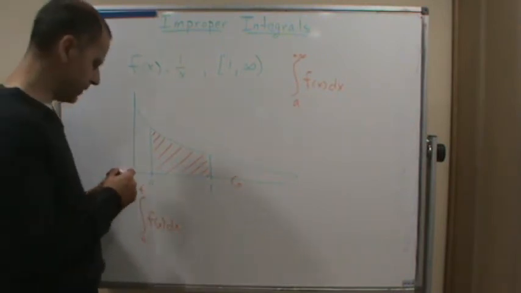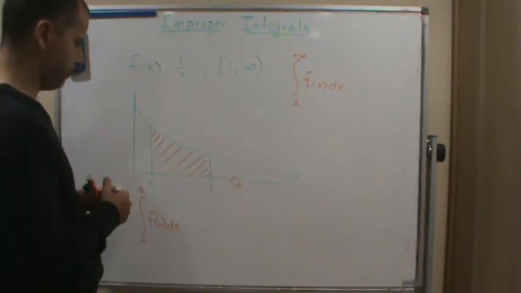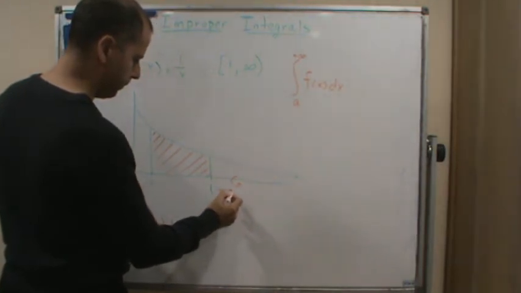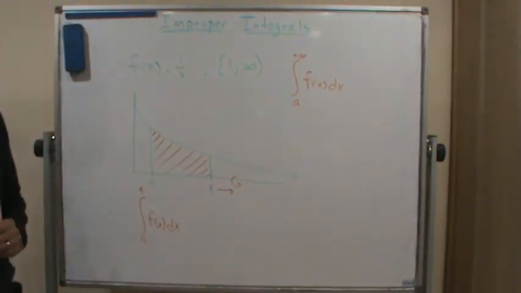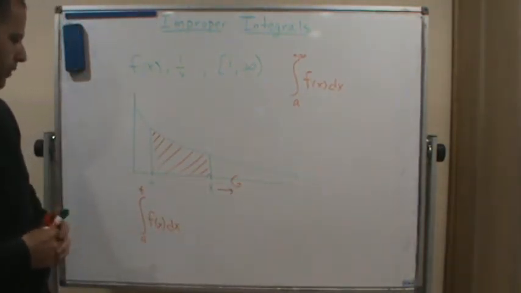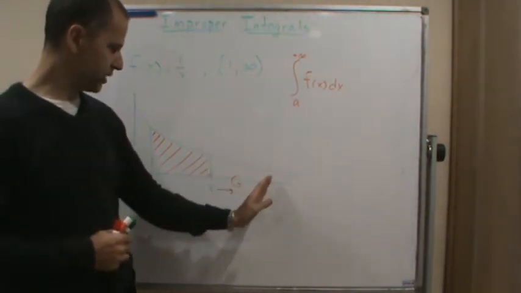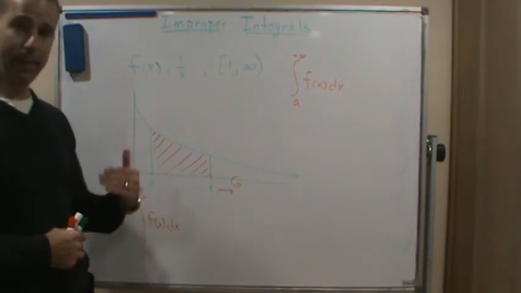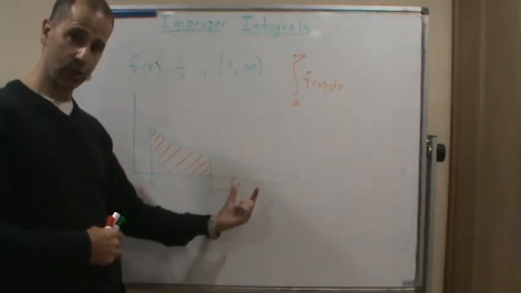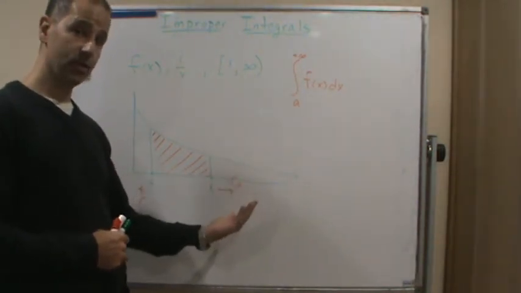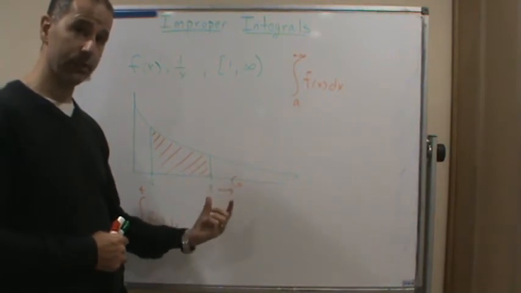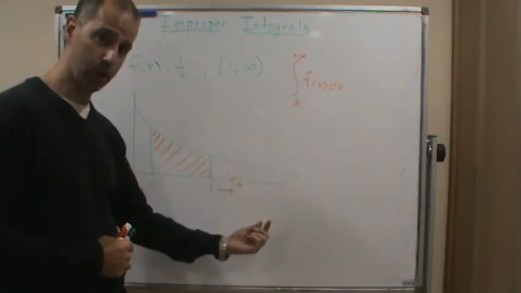And so what happens if we start making t bigger? The area gets larger, but as we can see, the tail is getting smaller and smaller and smaller. So the amount of area that we're adding to the total is changing, but the amount that we're adding is getting smaller.